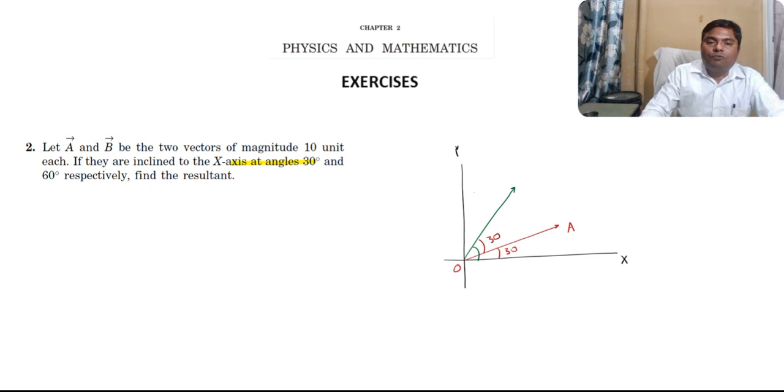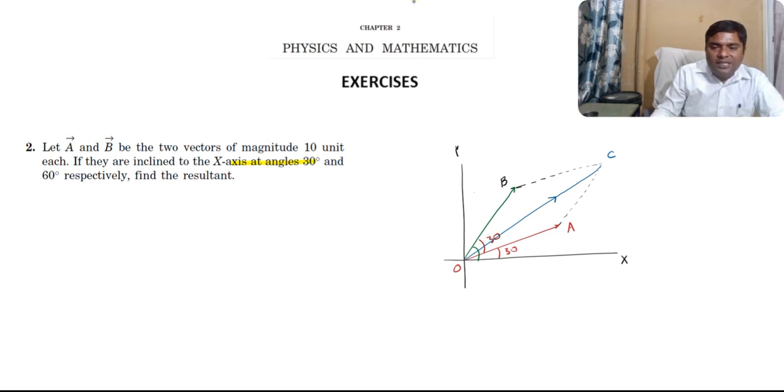Now we have to form a parallelogram using the vectors. This is the parallelogram made by using vectors OA and OB as the adjacent sides. Suppose this point is C. The main diagonal, OC, is the resultant of the vectors, which we have to find.